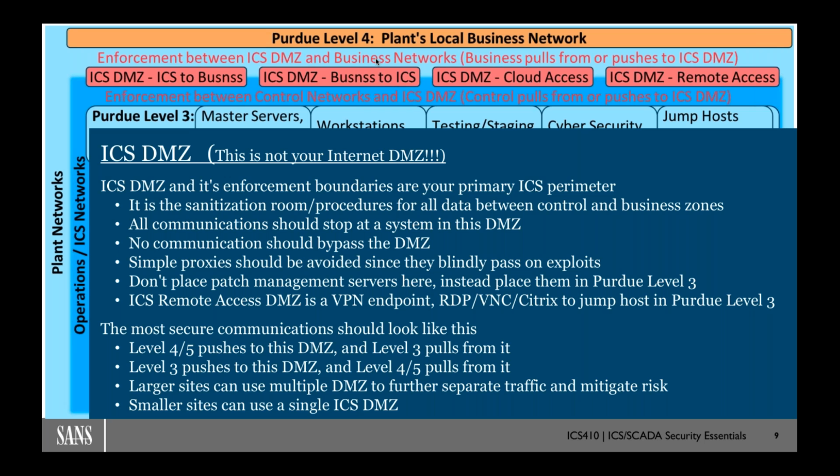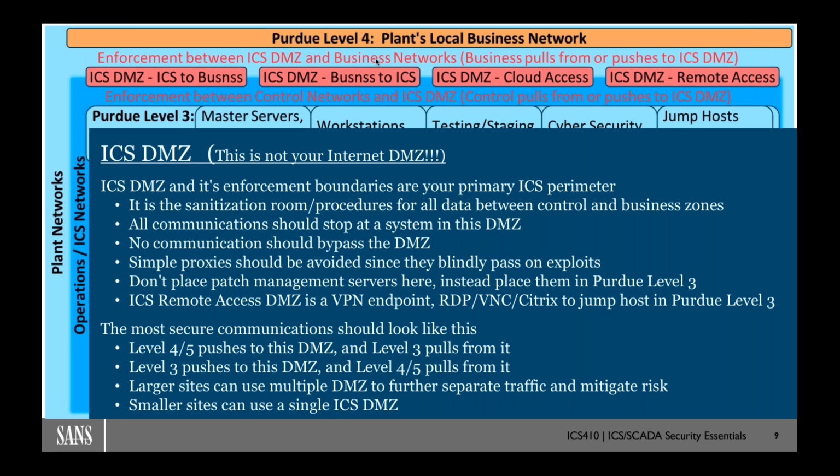If we're an electric utility company selling electricity to customers, well, our control processes are gathering that information and metering how much each customer is using. All that metering information needs to leave the control network and go back to the business, right? So that needs to go through that demilitarized zone back to Purdue level 4 and eventually up to Purdue level 5, where the enterprise financial servers are.